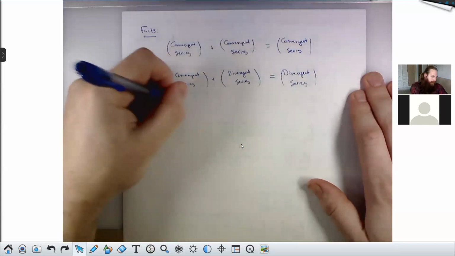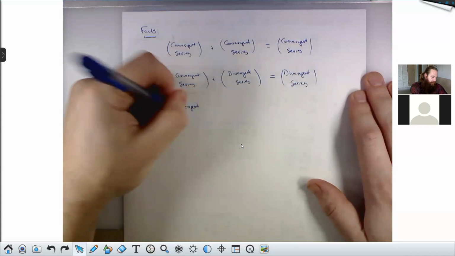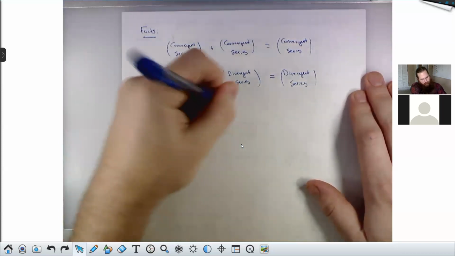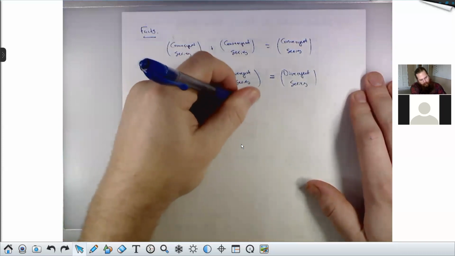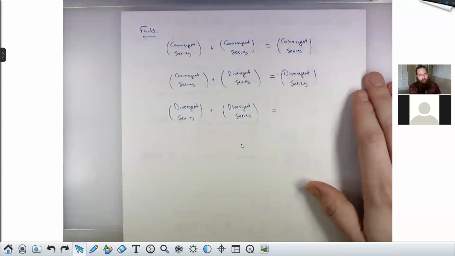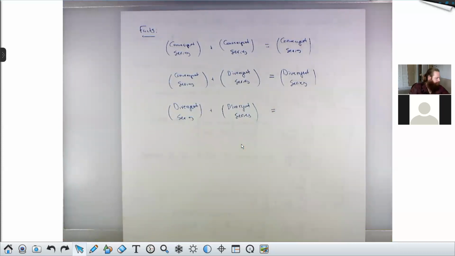What about two divergent series? So if I add two series together, each of which is known to diverge, am I guaranteed to get another divergent series?